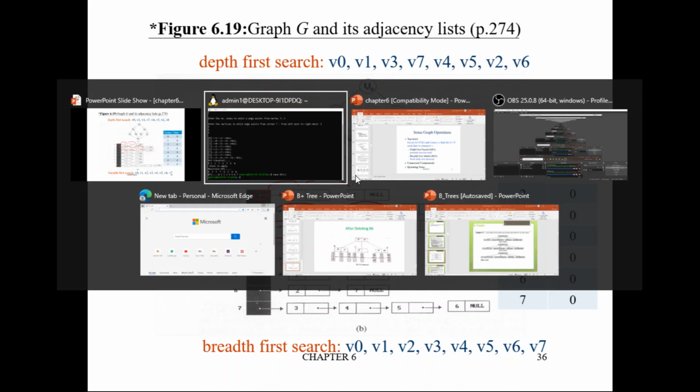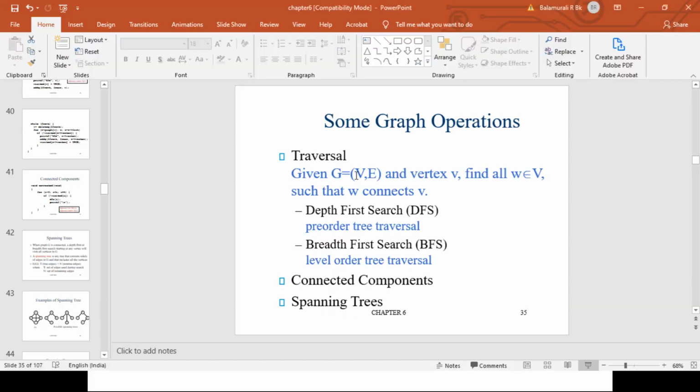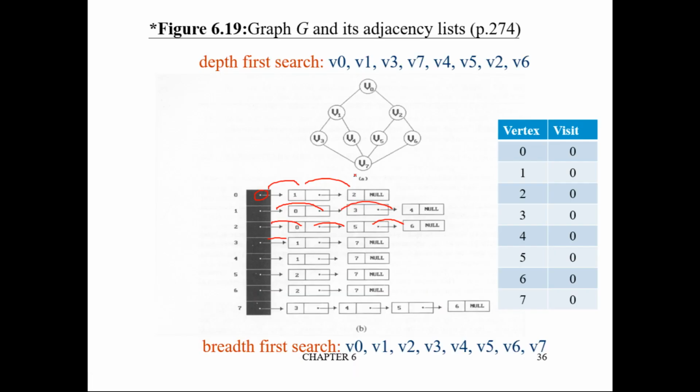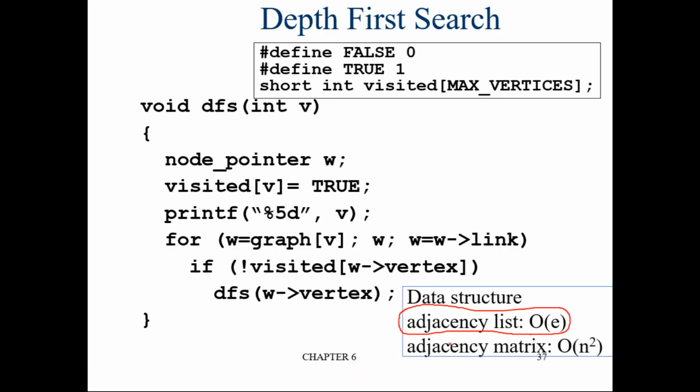But if you implement it using an adjacency matrix, then the number of operations will be order of n square. Remember, in an adjacency matrix we maintain all the entries: 0 means there is no edge, 1 means there is an edge.